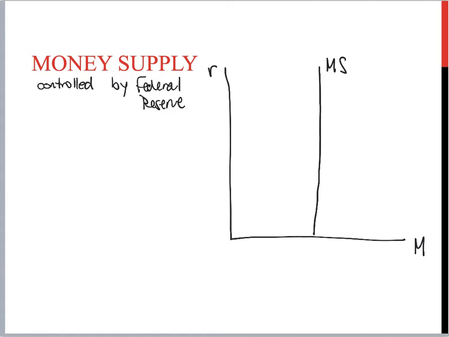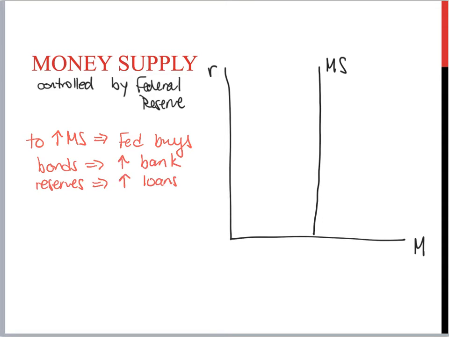So if the Federal Reserve wants to increase the money supply, then the Fed is going to buy bonds. So in exchange for these bonds, the Fed will give banks money in the form of increased reserves. So all of a sudden, the banks don't have any additional deposits, but they have more money in reserves, which means that they have more money that they can loan out.